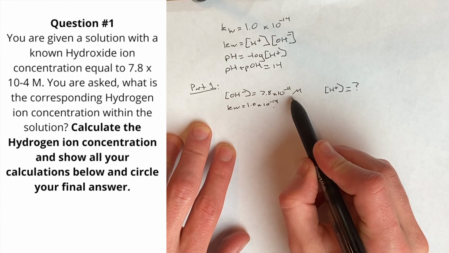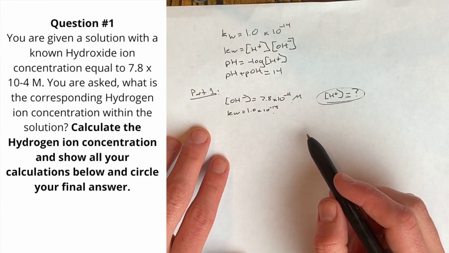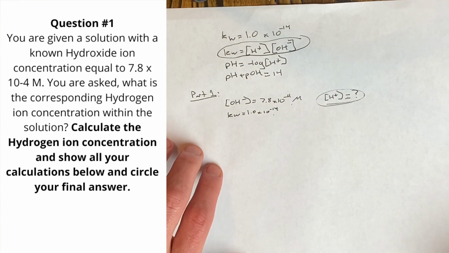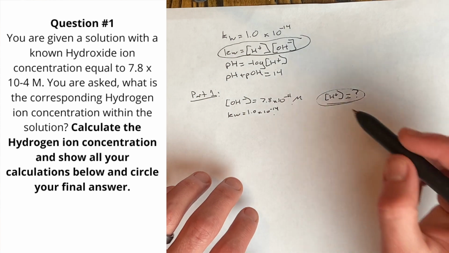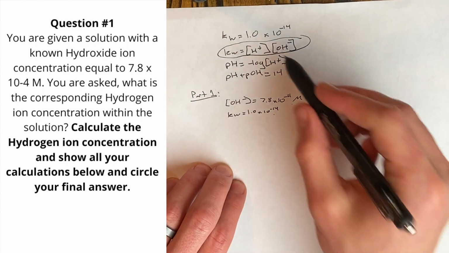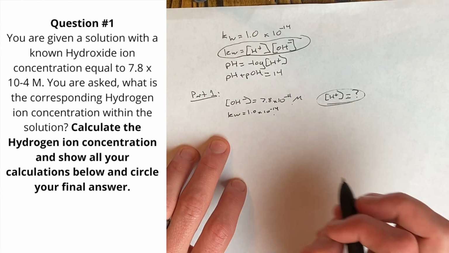So we know this, we don't know this. Well, the formula that makes sense with that is this guy right here. Kw equals H plus times OH negative, and we can just solve for H plus.